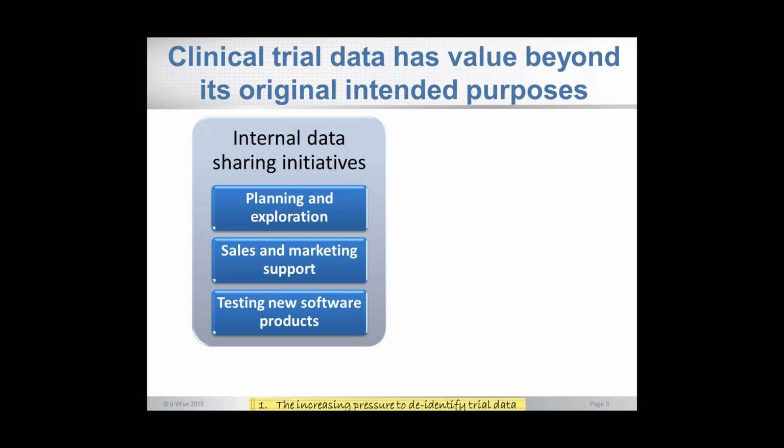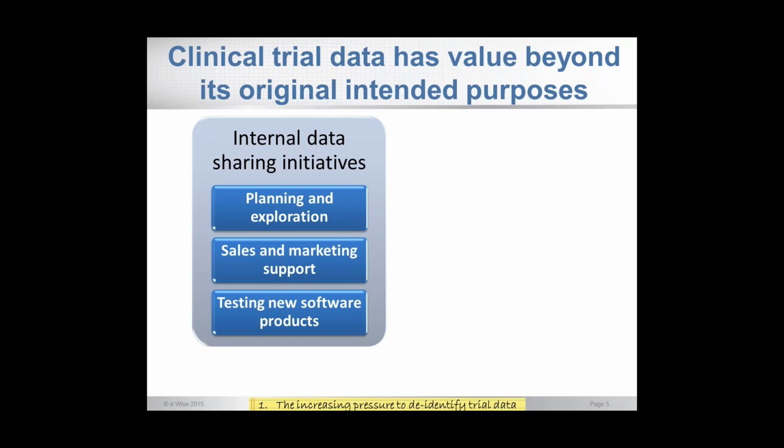Organizations are also very interested from a marketing perspective in terms of how that data might help them target particular audiences and identify different channels to increase the sales revenue associated with their approved marketed products. And one of the things that was a little surprising, which actually makes a lot of sense, is as companies engaged in clinical research look to test new software products, not necessarily our software products, but any new industry software product, they want to test that new product on real-world clinical trial data.